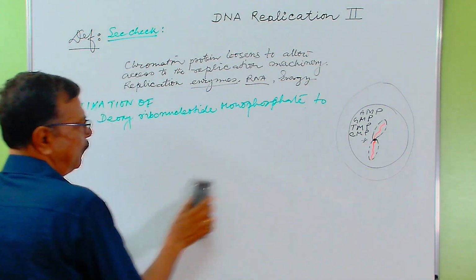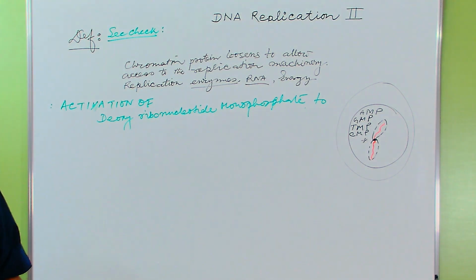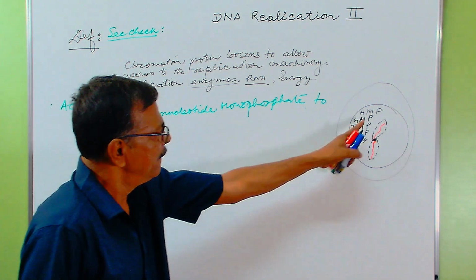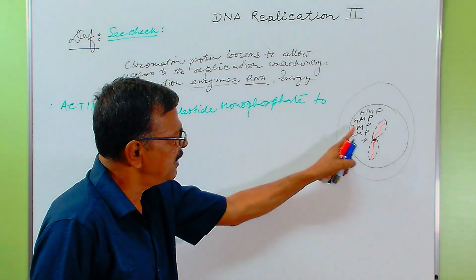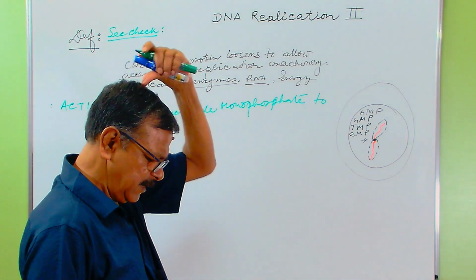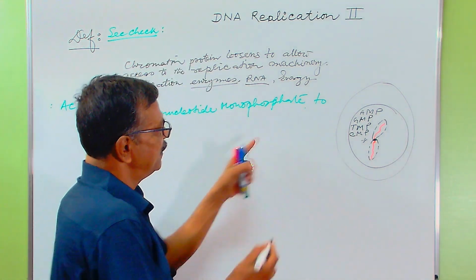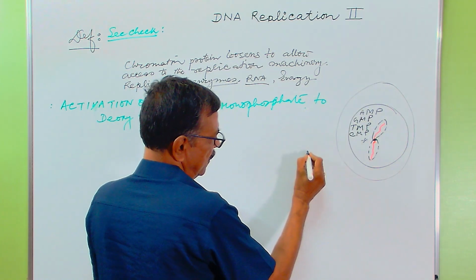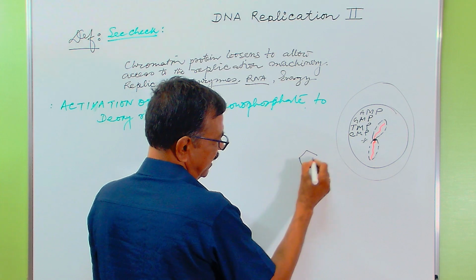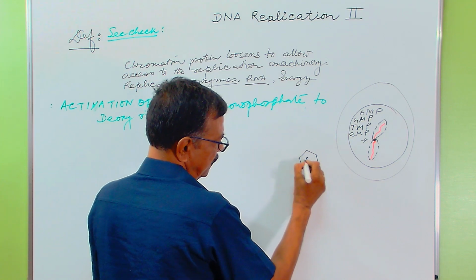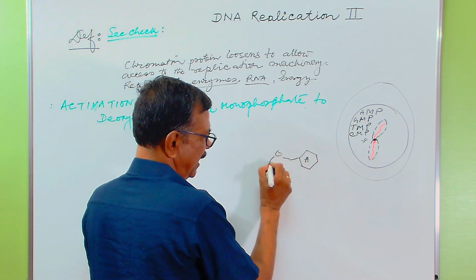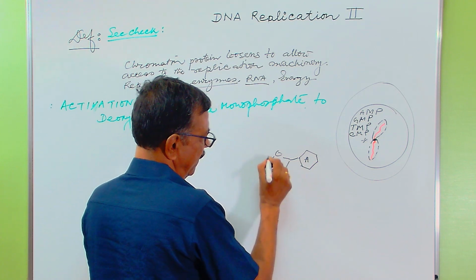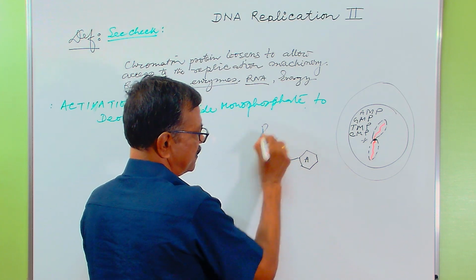Now we have already produced these bases. Nucleic acid bases we have produced in triose phosphate position. Suppose we have produced adenosine, sugar, and phosphate.